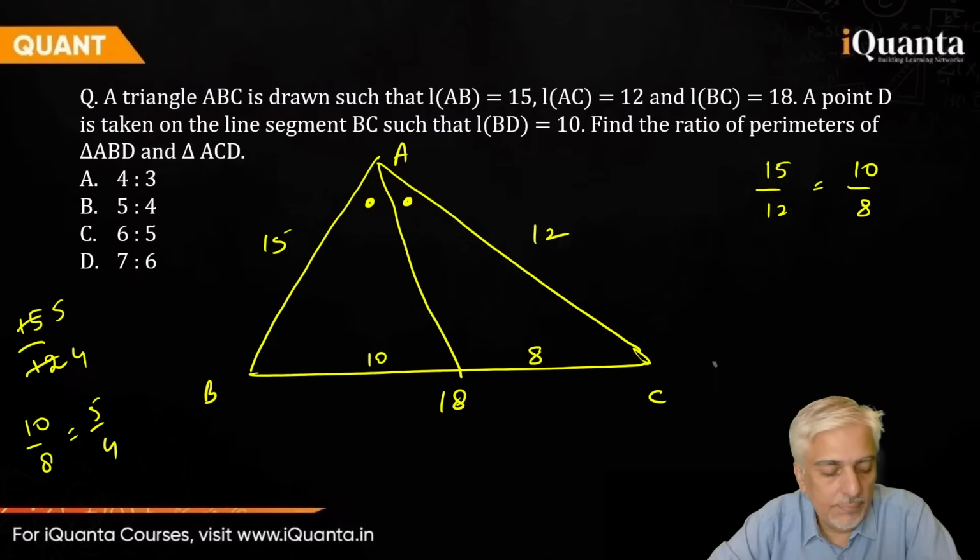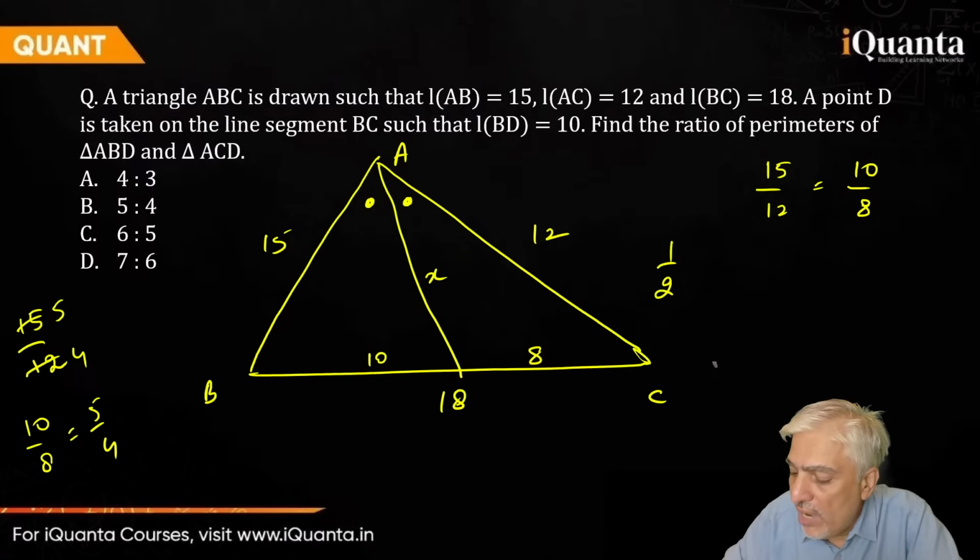Angle bisector theorem. Therefore, these two angles are equal. Now I can write, if I take this side as x, half of 15 into x.